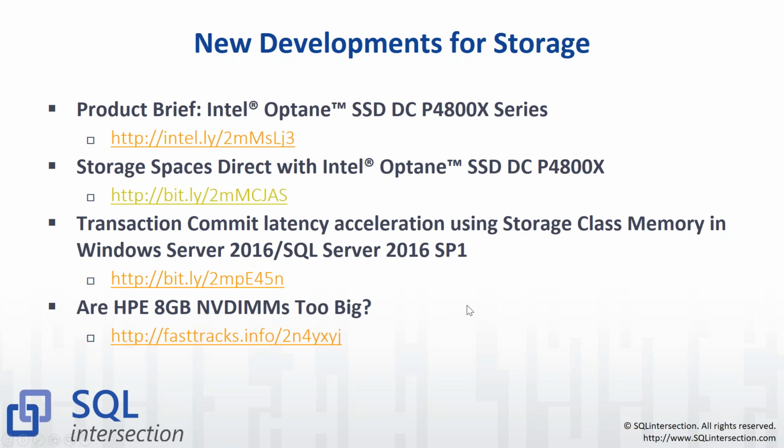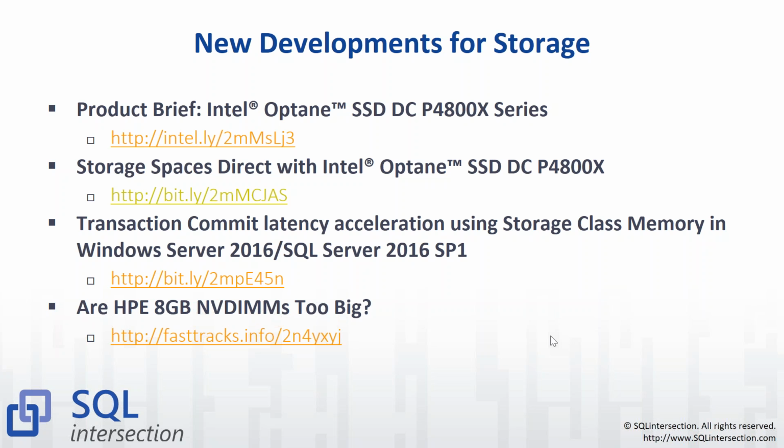And then there's another new thing called storage class memory. So it's a non-volatile DIMM that has flash storage and a little battery tied to it, and you put this in one of your memory slots. And then SQL Server 2016 has a new feature called tail of the log caching.